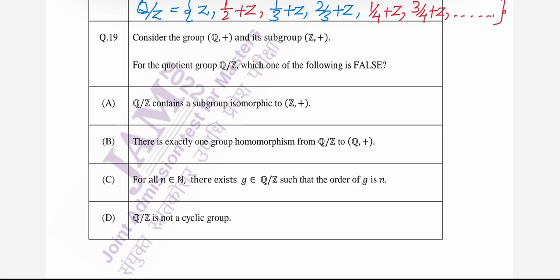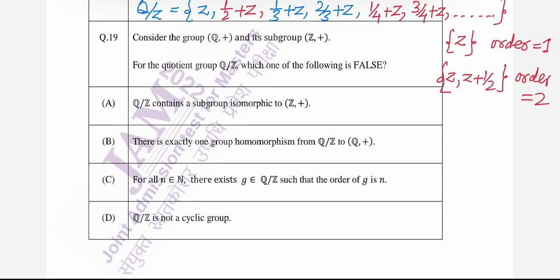So see the subgroups of Q/Z. The first subgroup is Z, and its order is 1. The other subgroup will be Z + 1/2, and its order is also finite, that is 2.